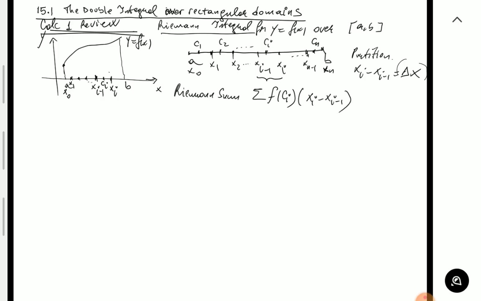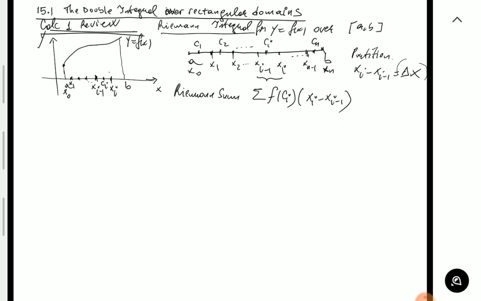All Riemann integrals, including the ones you're going to see in this class, doesn't matter which type of integral we're going to talk about, double, triple, curve integral or line integral, surface integral, all of these follow the same framework. You're going to take the domain, which again in calculus 1 is a segment, right? It's an interval.